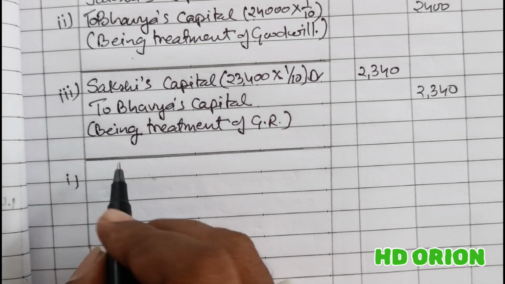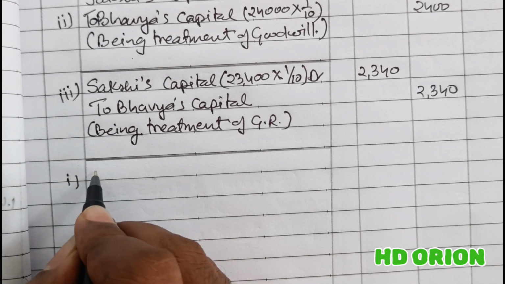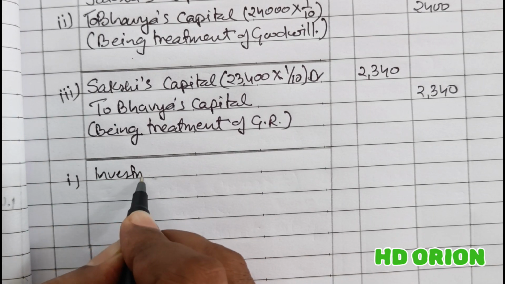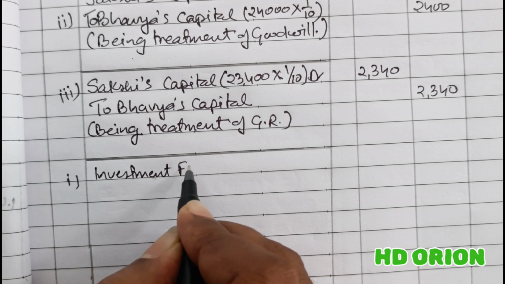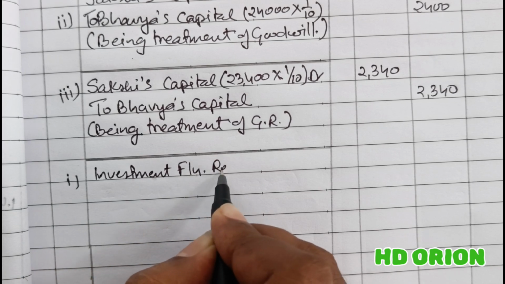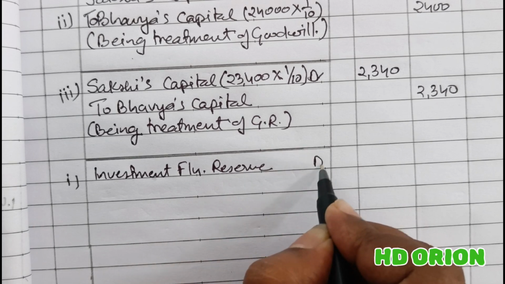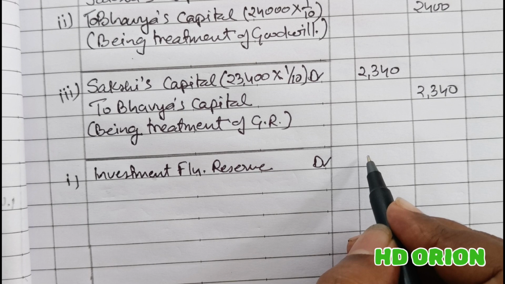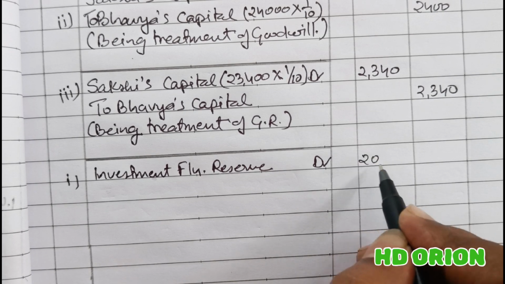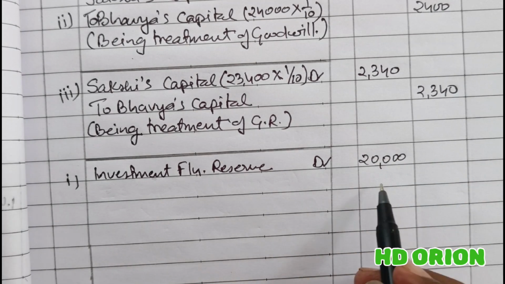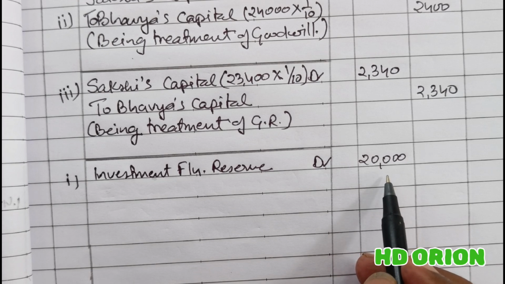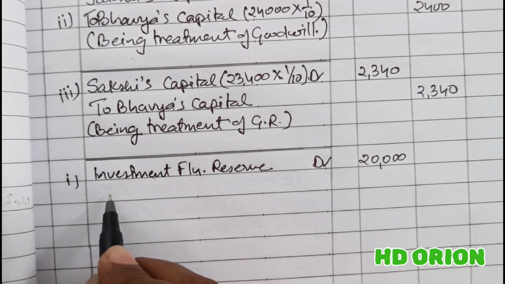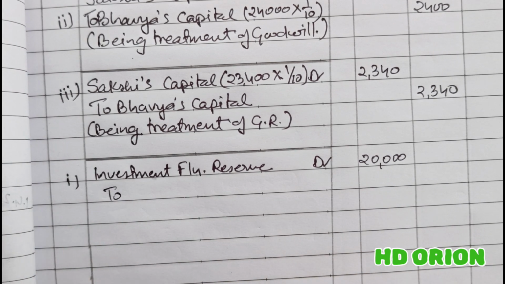The investment fluctuation reserve is of rupees 20,000, so it can absorb a loss of rupees 20,000 in investment, but there is a loss of only 10,000 rupees.